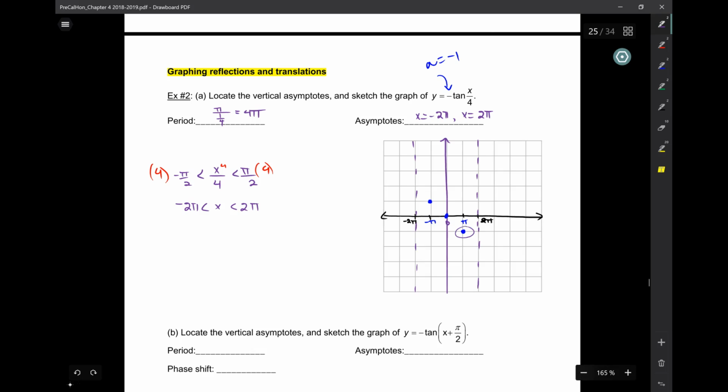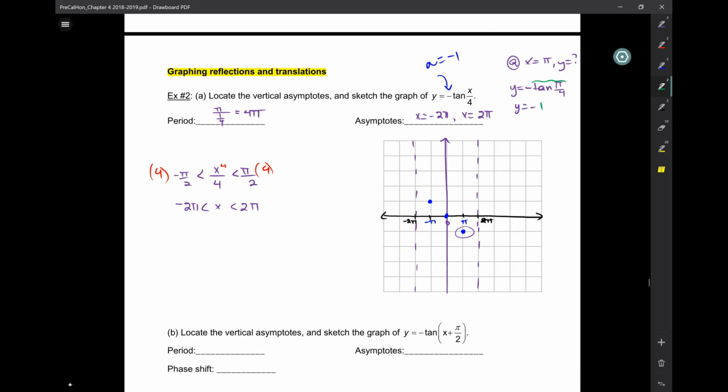Let's try this point. That's x equals pi, right? At x equals pi, let's see what y will turn out to. y is negative tangent of x over 4 here, right? So negative tangent of pi over 4. What is tangent of pi over 4? 1. So negative 1.